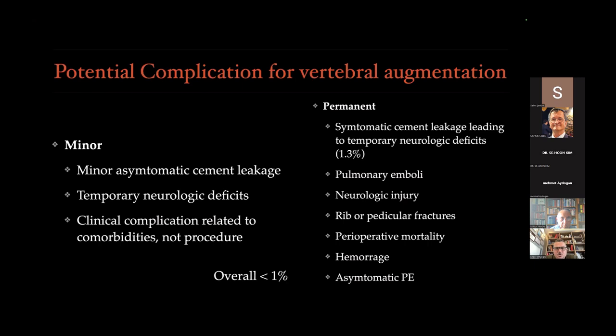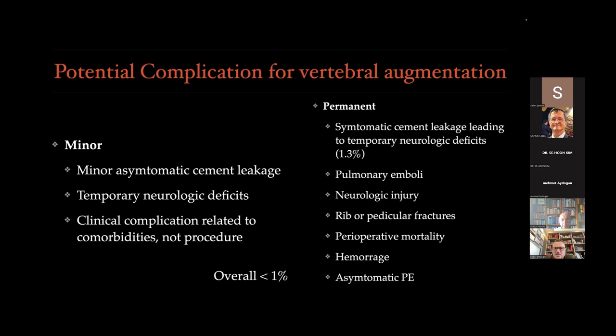There are some potential complications of vertebral augmentation, overall less than 1%. Some minor complications: asymptomatic cement leakage, temporary neurologic deficit; clinical complications related to comorbidity are not reduced.